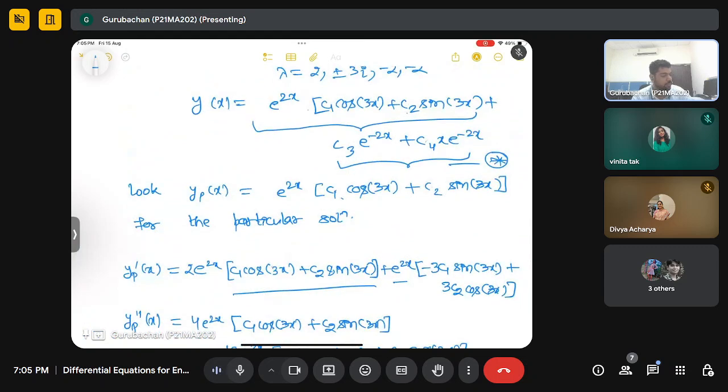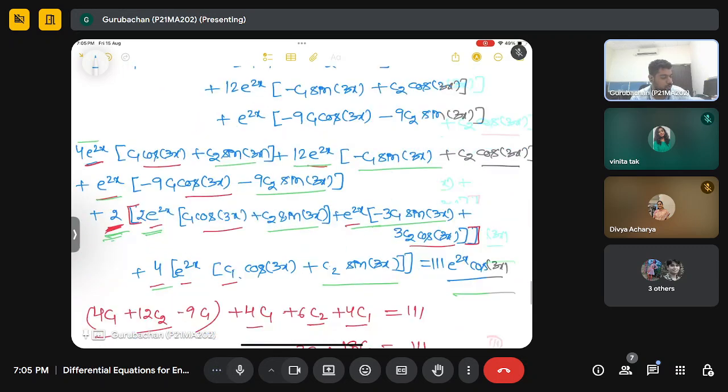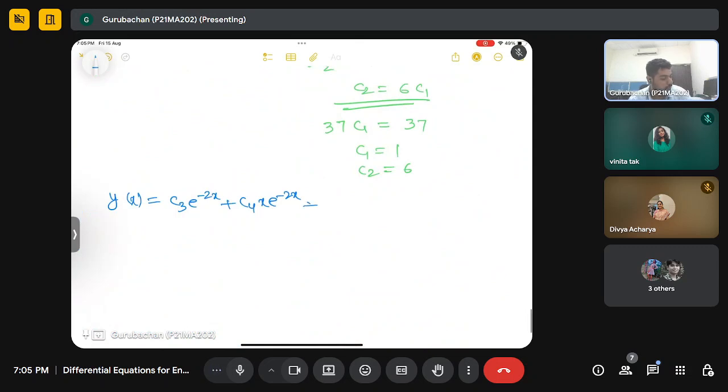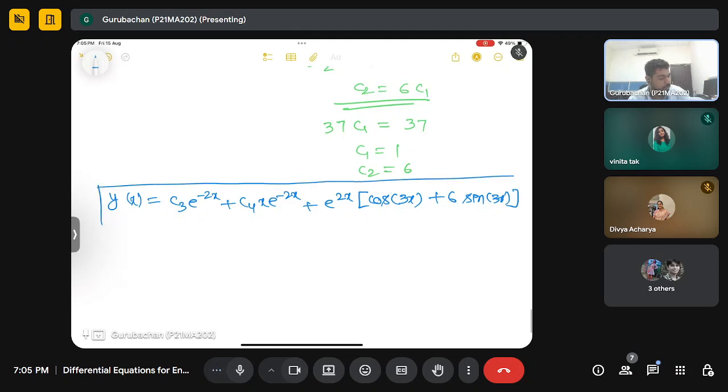Next factor will be e to the power 2x, C1, and we have to put the value of C1 and C2. So next one is plus e to the power 2x, C1 is 1, so it will be cos 3x, C2 is 6, it will be sin 3x. So this will be your general solution of the given differential equation.